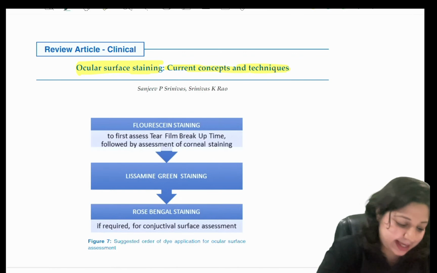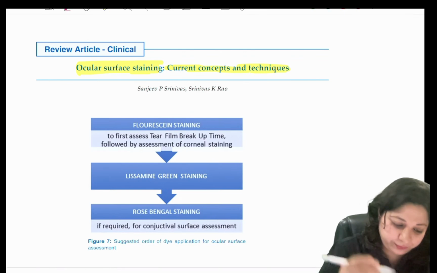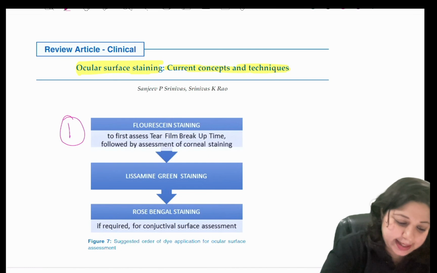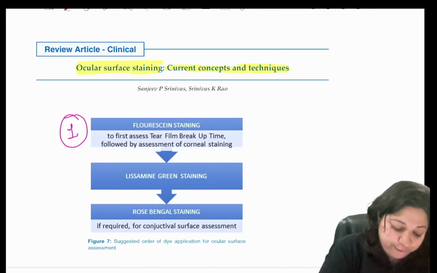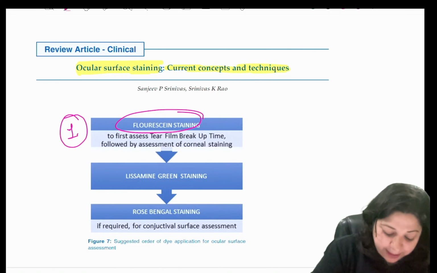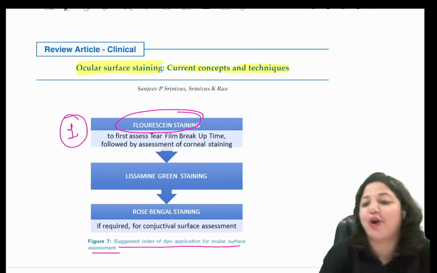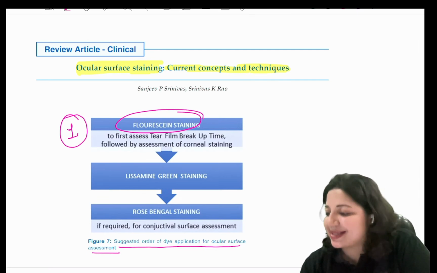And it clearly says, first is fluorescein. Fluorescein staining. So this paper talks about the suggested order of dye application for ocular surface assessment.